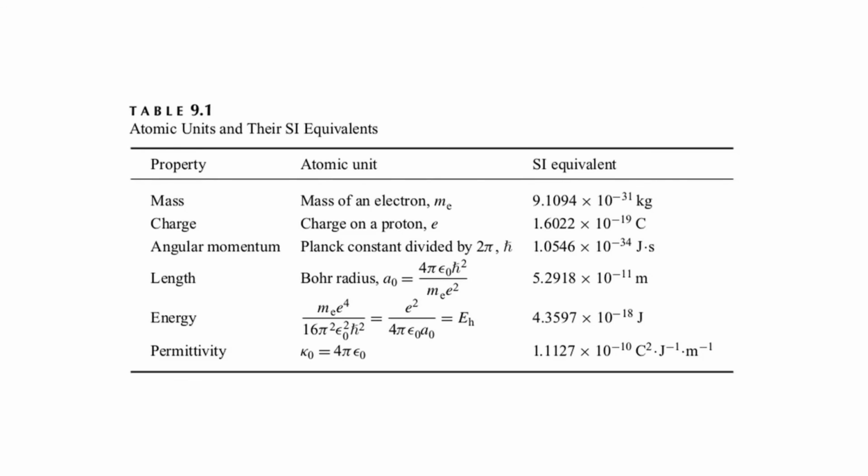Here's a table reproduced from your book. It gives you a nice summary of the various atomic units and their SI equivalents for things that we'll be encountering in the rest of our journey this semester. A couple of things to point out: notice that the atomic unit of length is the Bohr radius, that a naught.